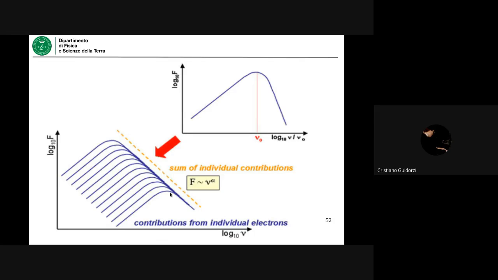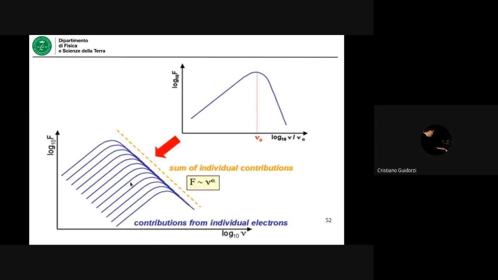Well, a power law distributed population of electrons means that each electron has its own critical frequency, the lower the Lorentz factor, the correspondingly lower by a factor of gamma square will be the critical frequency. The critical frequency is the frequency at which the spectrum of one single electron peaks.